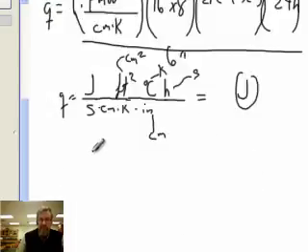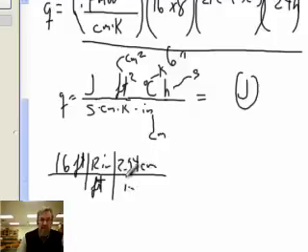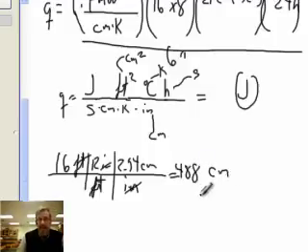So let's do that. First of all, I want my area to be in square centimeters. So I'll take 16 feet, and I'm going to change that to centimeters. There are 12 inches in every foot, and there are 2.54 centimeters in every inch. Well, that's 488 centimeters. And 8 feet is the other dimension, so that'd just be half of that.